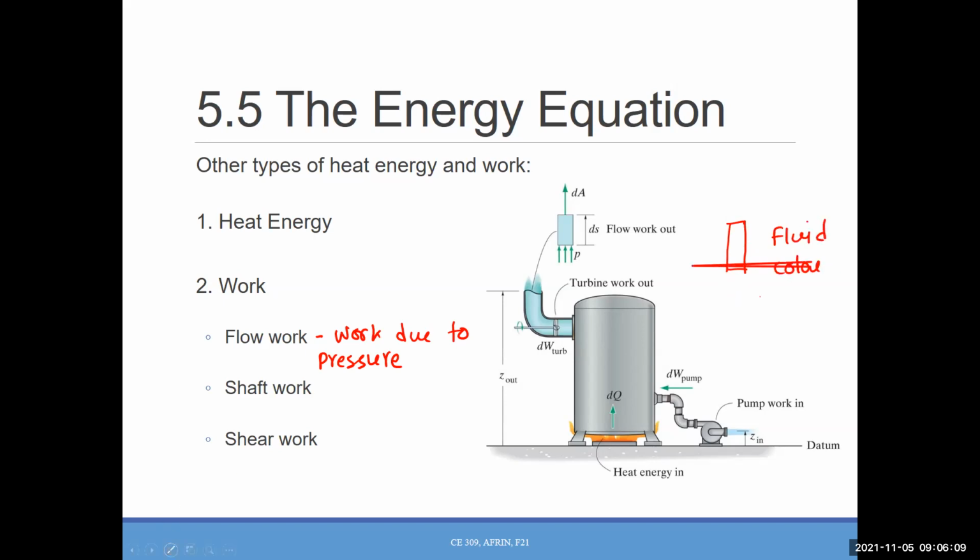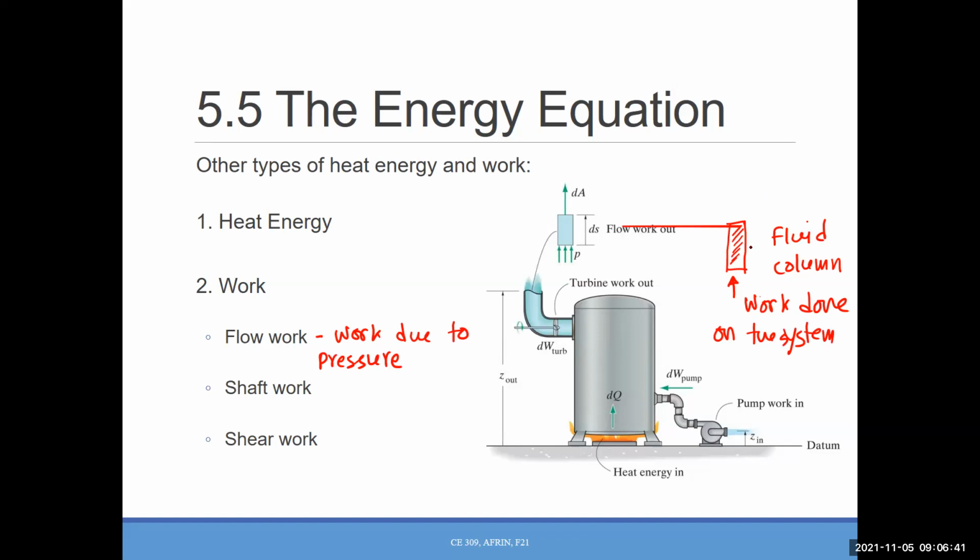Okay, so this is a fluid column, and this is filled with fluid. When something is going inside that fluid column, that is work done on the system because you're pushing the fluid into the system.